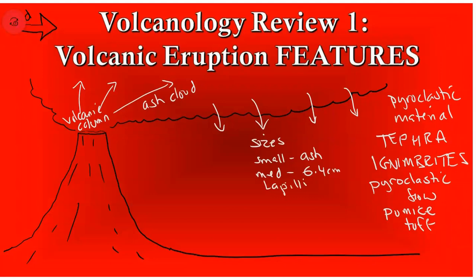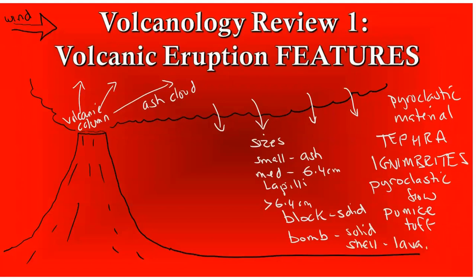Then the larger ones, anything larger than 6.4 centimeters, can be classified in two ways: either a volcanic or lava block, or a lava bomb. A block is a solid piece of rock, and a bomb is a solid shell that inside is still molten rock. These can be varying sizes from 6.4 centimeters up to the size of houses.